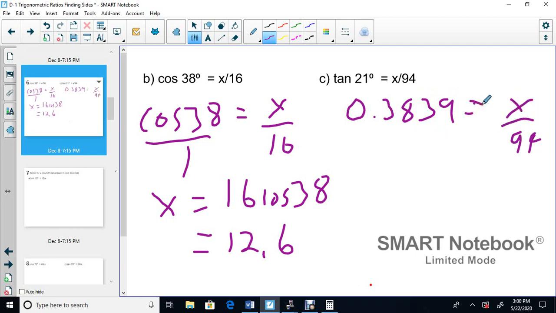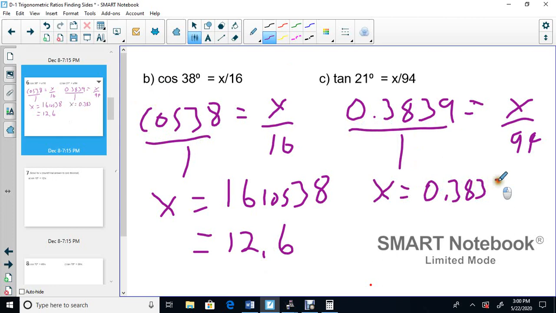So you have to realize that this tan of 21 isn't actually a number. Same with that cos 38. Then you go over 1, and then you cross multiply. So x equals 0.3839. All I'm doing is I'm cross multiplying. Times 94. Okay.